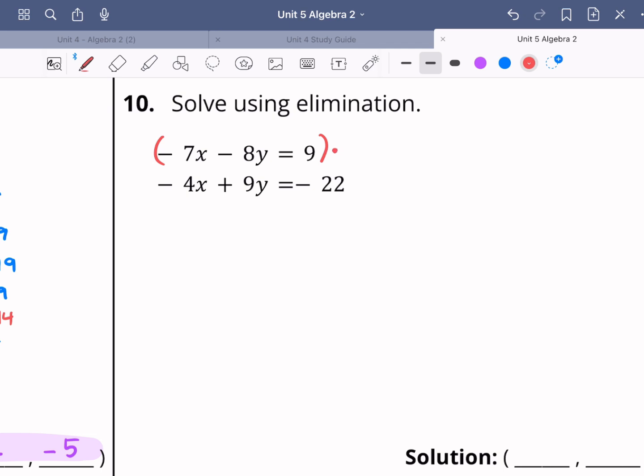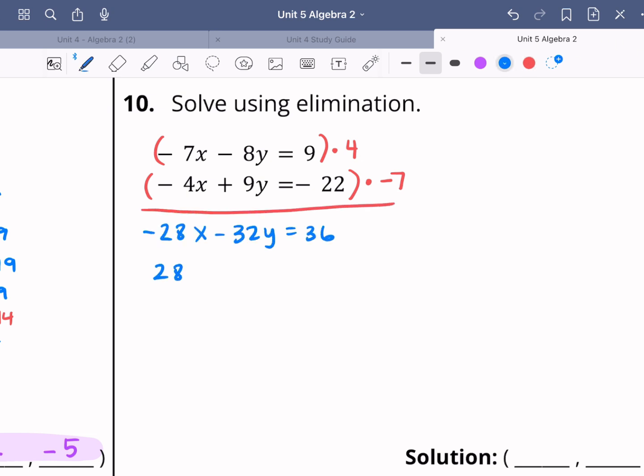So I'm going to multiply this top one by 4, which will give me negative 28 for the x. And I'll multiply the bottom one by negative 7 so that I get positive 28 for the x. We are going to add these together.